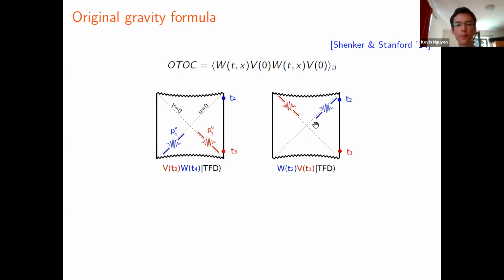Now, Shenker and Stanford proposed to represent this state as an out state on some future Cauchy slice, which is taken to be the future horizon of the black hole, and to represent this state as an in state on some initial Cauchy slice, which is taken to be the past horizon of the black hole. Now, the OTOC is the overlap of those two states. So basically, it's the transition amplitude for going from this configuration to this configuration.